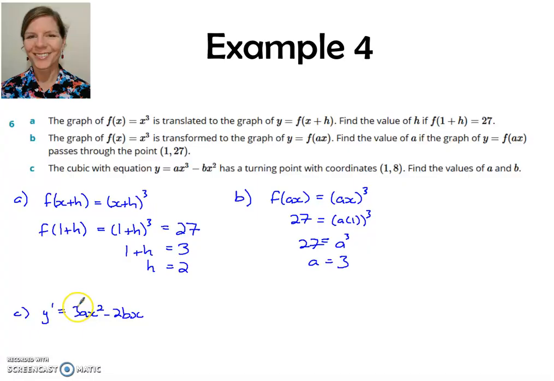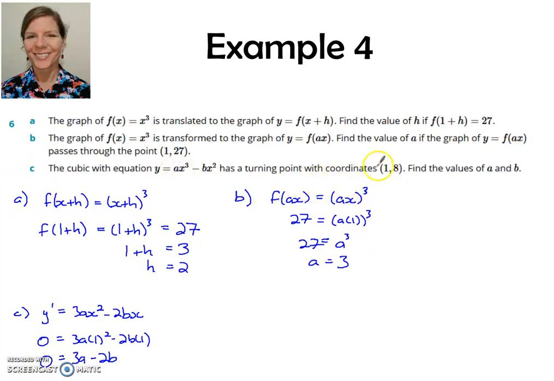Now we know that that must be 0 when x equals 1, because we have a turning point, a stationary point, when x equals 1. So 0 when x equals 1. So we've just got 3a take 2b.